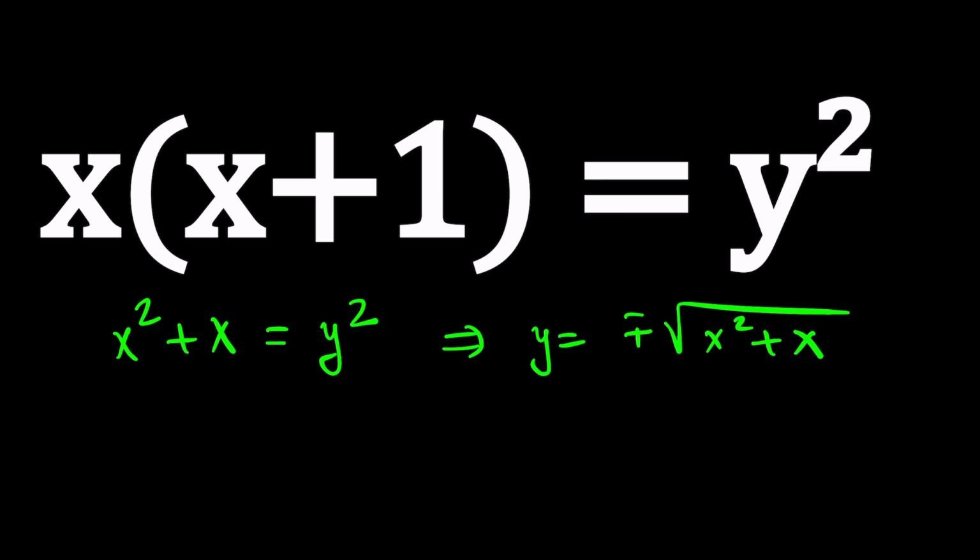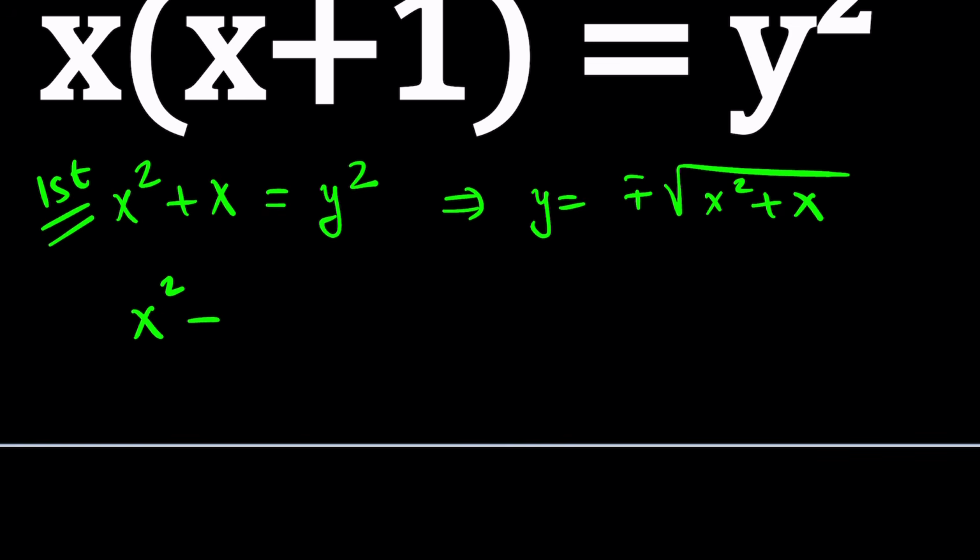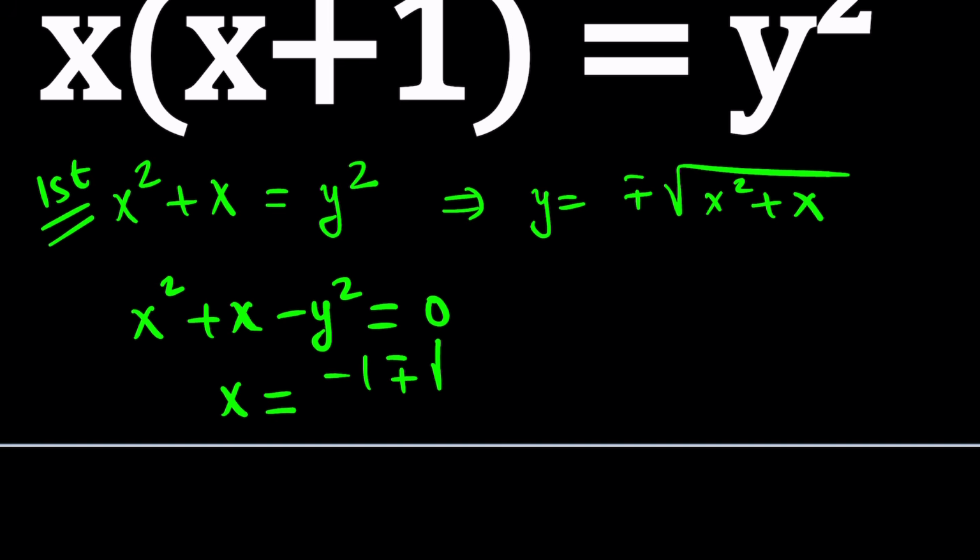Okay, so instead, and this is going to be our first method, let's focus on solving for x, which is actually more interesting, don't you think? So let's go ahead and subtract y squared. And then our goal is to solve for x using the quadratic formula. So x is equal to negative b plus minus the square root of b squared minus 4ac, which is the discriminant. b is 1 in this case, the coefficient of x, right?